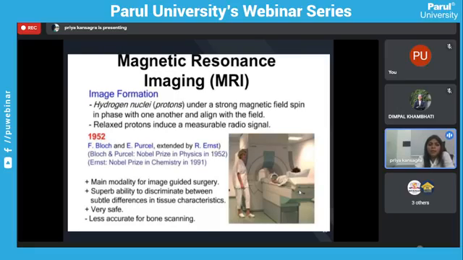It has a superb ability to discriminate subtle differences in tissue characteristics. This is an advance over CT and X-ray, where we were not able to describe the characteristics, but here we can describe tissue characteristics. It is very safe but less accurate for bone scanning. It is mostly used for soft tissues, not hard tissues.